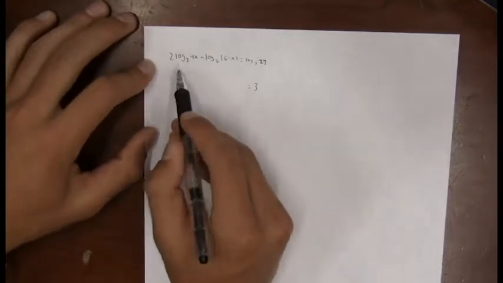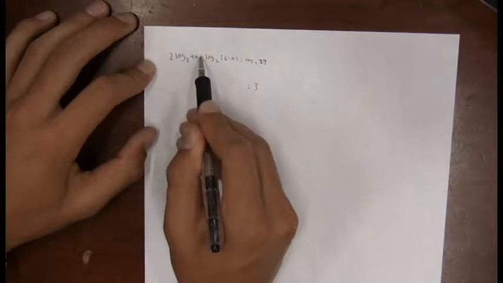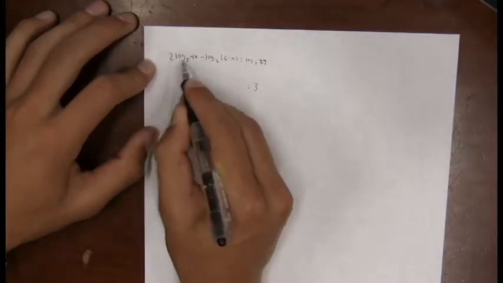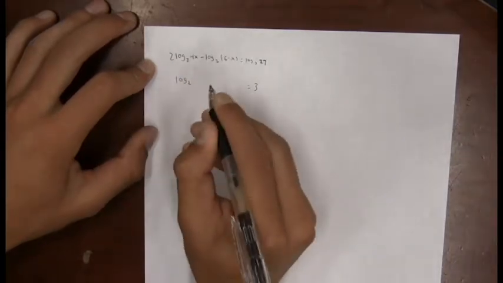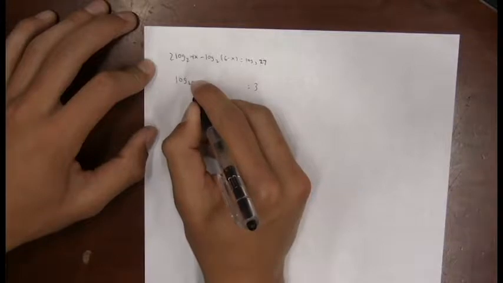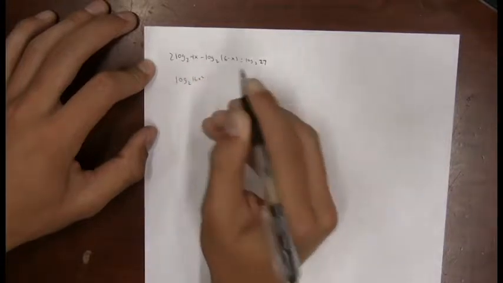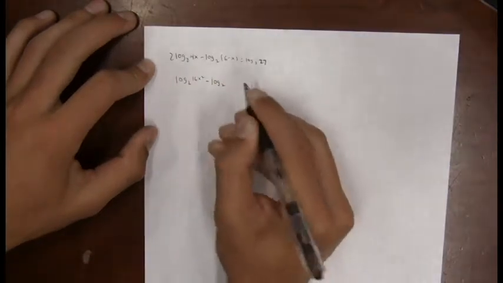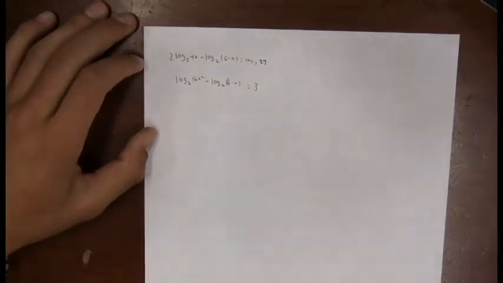We can do it in the same step here, where you take this 2 and raise 4x to the second power, and that is log base 2 of 4 to the second power, which is 16, and x to the second power, which is x squared, minus log base 2 of 6 minus x equals 3.